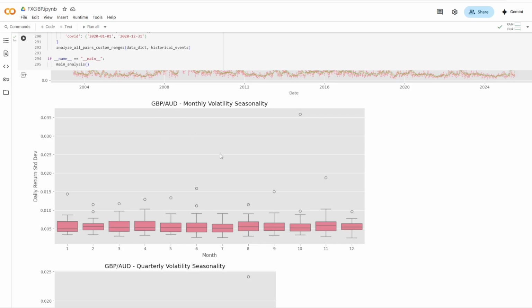Now here we have pound Australian dollar. We see, for example, that October, this box plot, has a huge outlier here with 0.035 standard deviation. So the month of October, for some reason, within the past 20 years of data, has been very, very volatile. And here the month of July is not volatile.